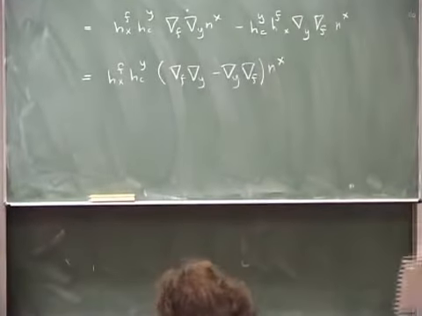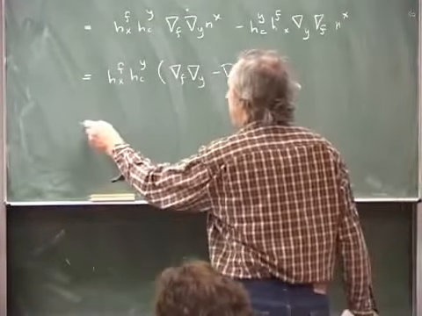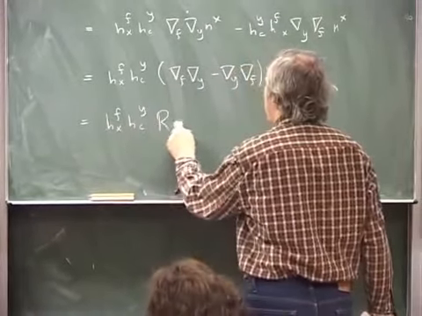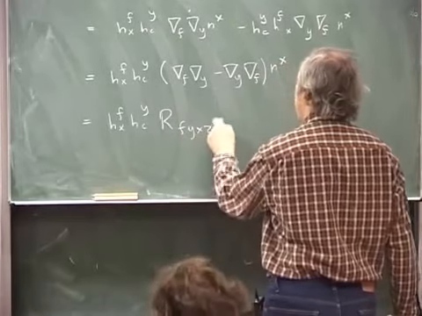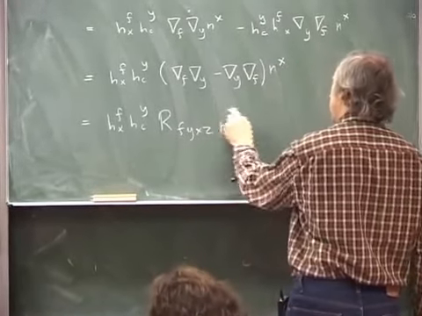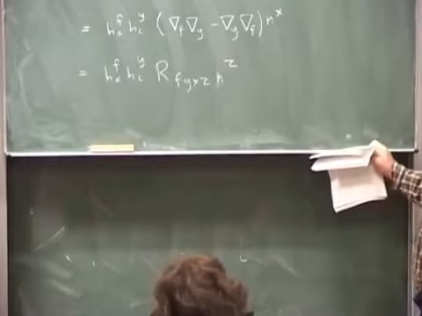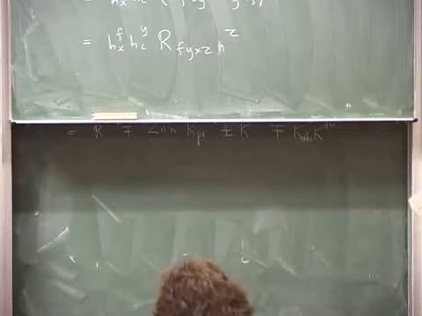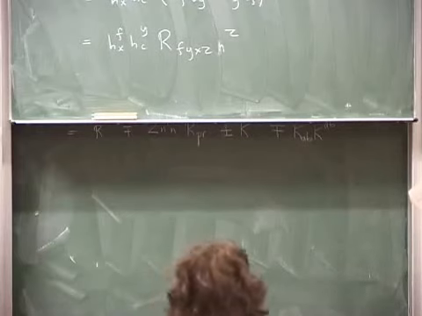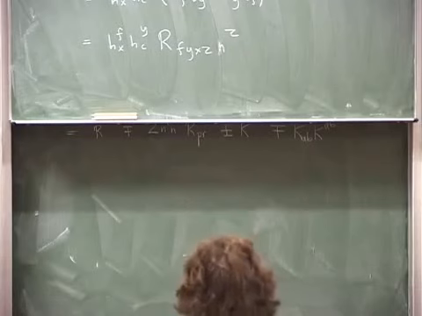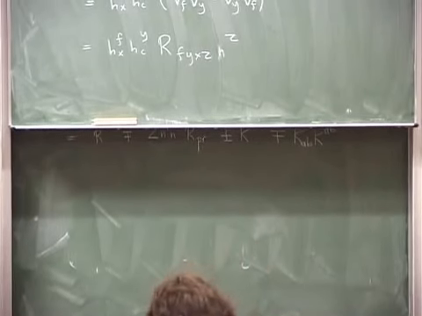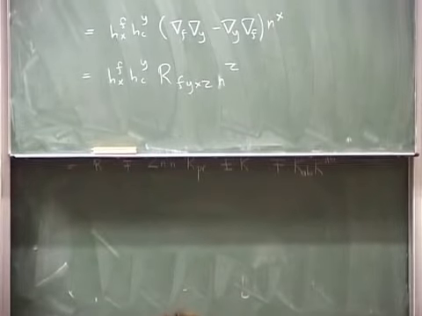Now I can use the Ricci identity and get h^{X}_{F} h^{CY} R_{FYXZ} n^{Z}. Now, Y, X, Z, Y, F. Something has gone wrong.